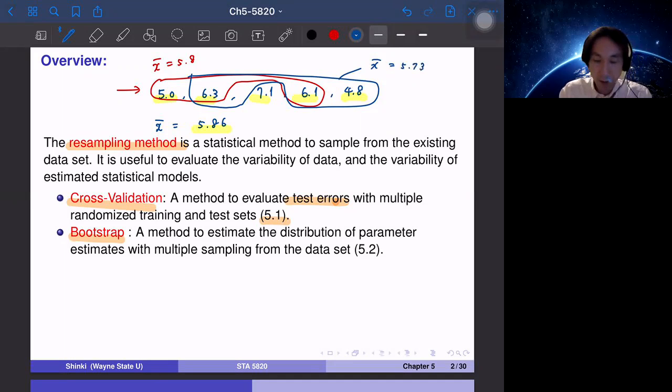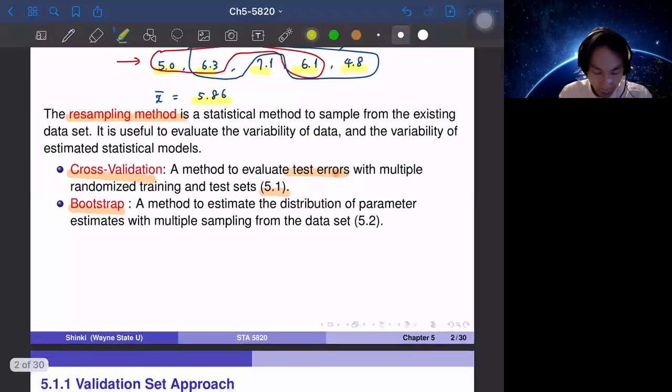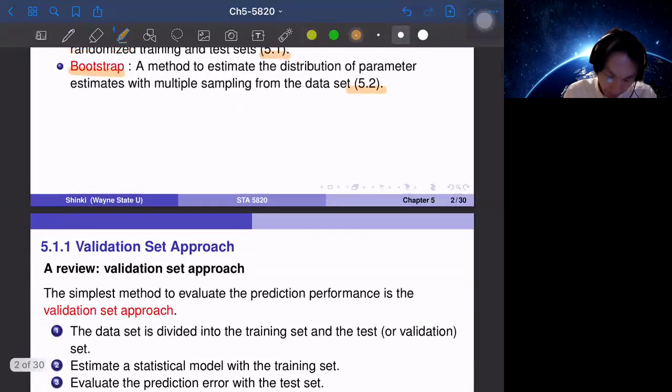So we have slightly different ones, and we can now evaluate the variability of X bar. That is the basic idea of the Bootstrap. The exact formulation is slightly different, but we will cover it in 5.2.